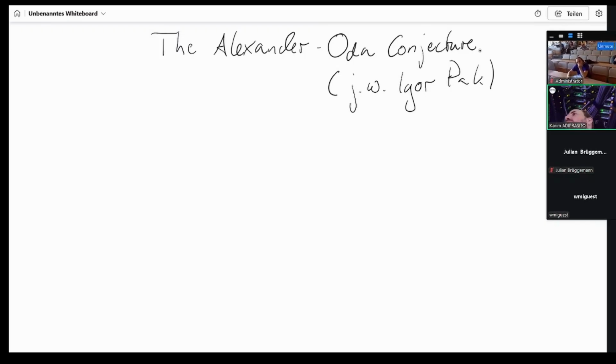I want to talk a little bit also about a variant of that problem that is interesting to algebraic geometers. I will just touch on that part a little bit. It's a topology conference, so I will not go too deeply into that. But there's a variant of this conjecture that is also interesting to algebraic geometers.